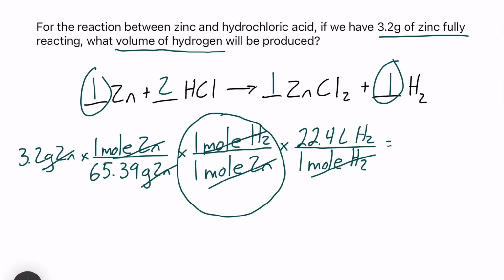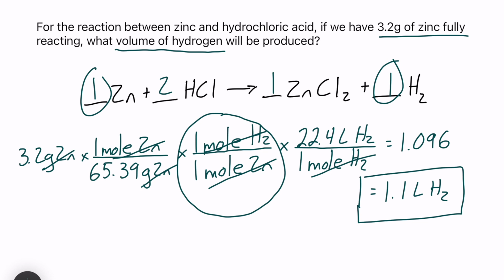So now this last step, we are going to multiply by 22.4, and what you are going to get is 1.096. And why don't we round that to 1.1 liters of H2.